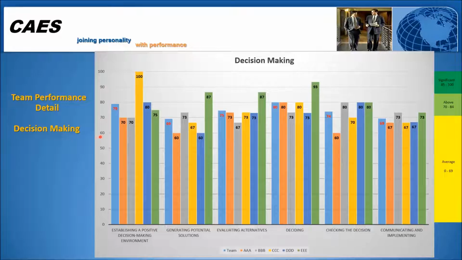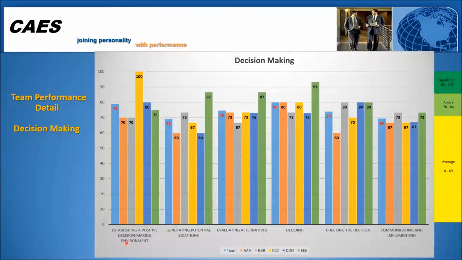So we look at our overall team scores on this, and we can see that in general they're, again, pretty good. We've got a pretty good team, but we might look a little bit at generating potential solutions in the decision-making process and in communicating decision rationale when implementing decisions.